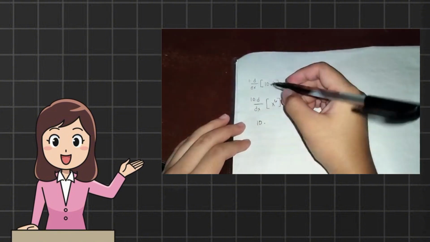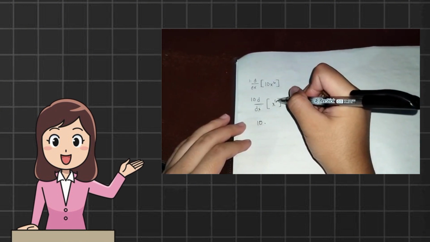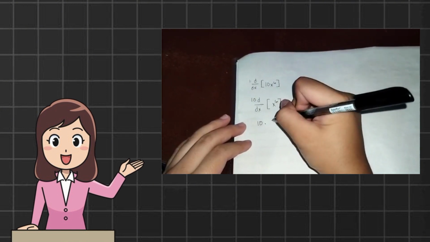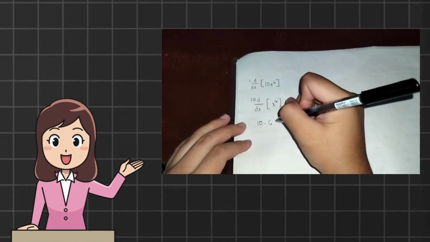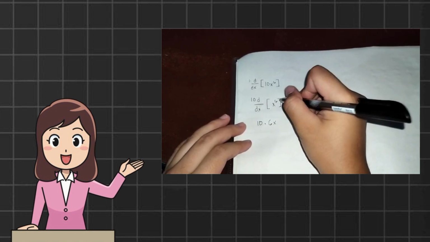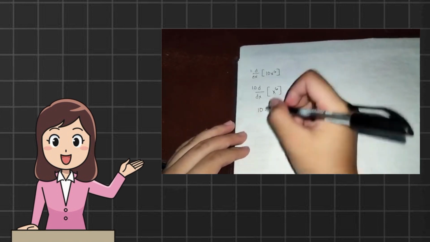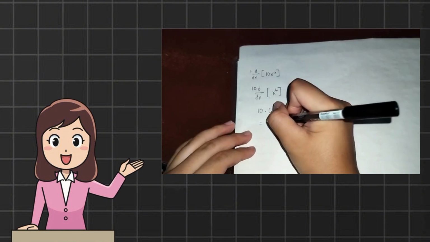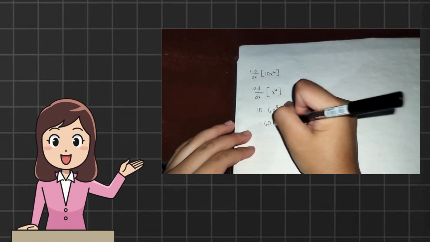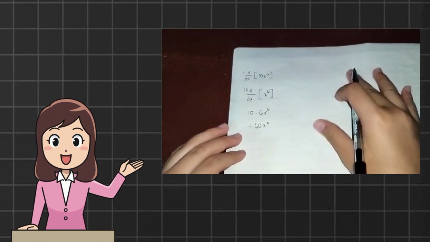We bring down the exponent, so we have times 6x, and then we're going to subtract 1 from our exponent. So 6 minus 1 is equal to 5, and so we have 60x raised to 5.